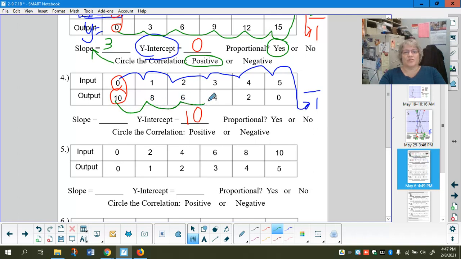How much are these changing by? Those are changing by -2, -2, -2, -2, so -2. So my slope is -2 over 1, which simplifies to -2. What's the correlation? The slope is negative. The correlation is negative. Is it proportional? Nope, because it doesn't go through 0, 0.